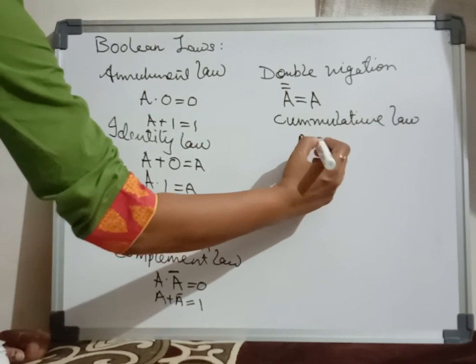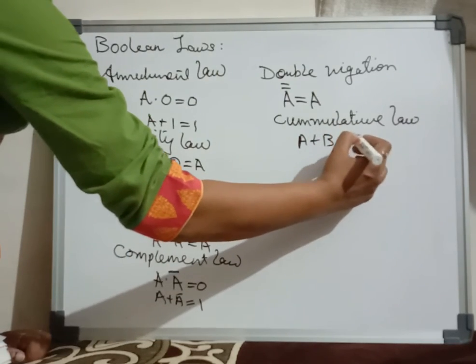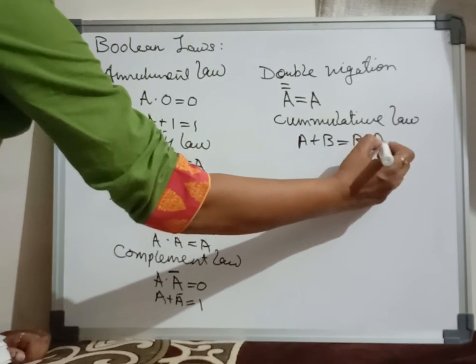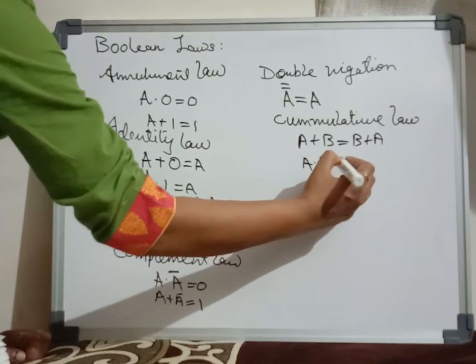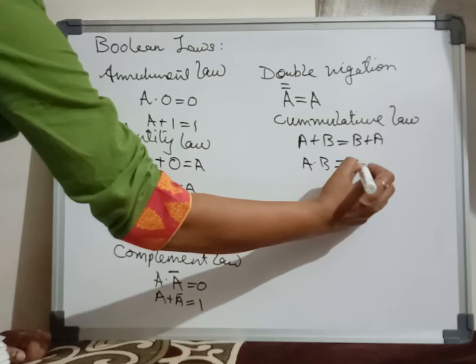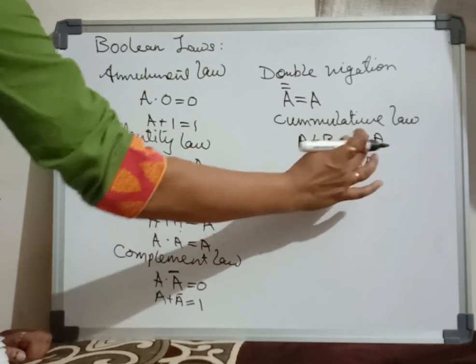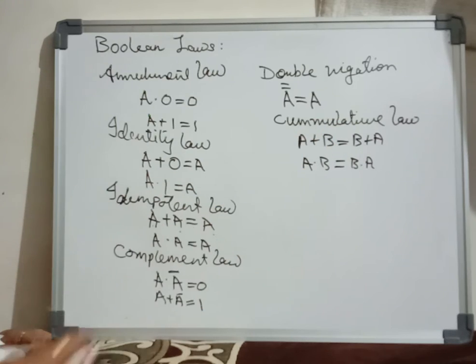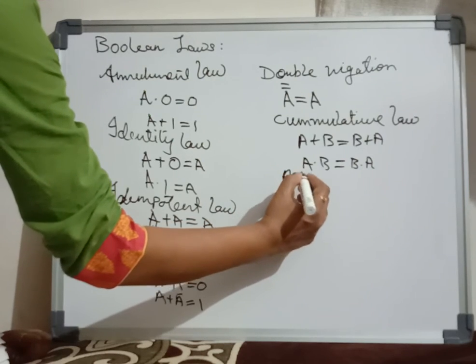Suppose A plus B is there, we can write this as B plus A. Or simply we have A dot B, then it can be written as B dot A. Simply we can change its place, which is called the commutative law.